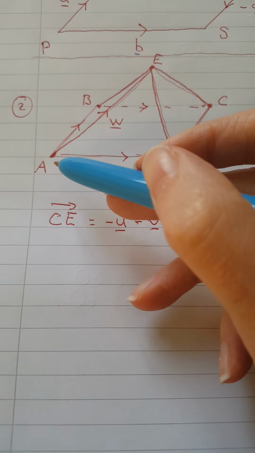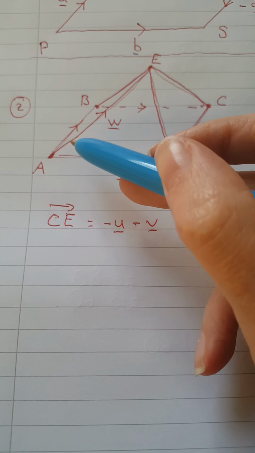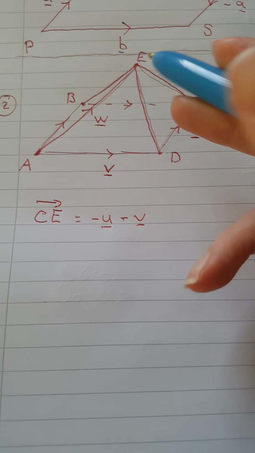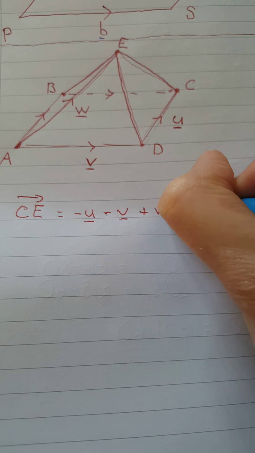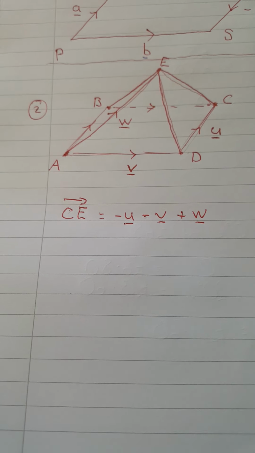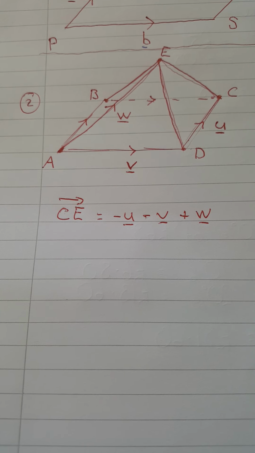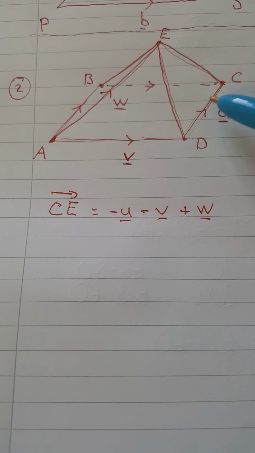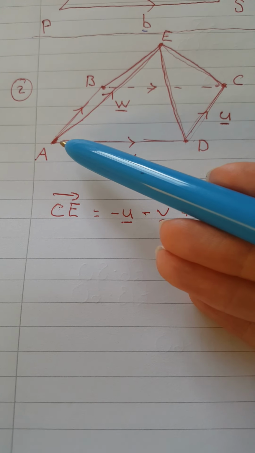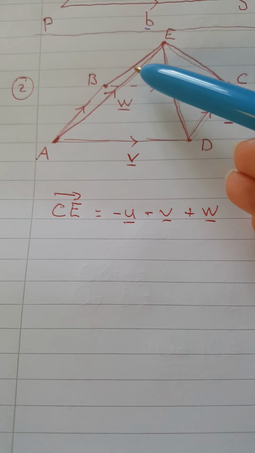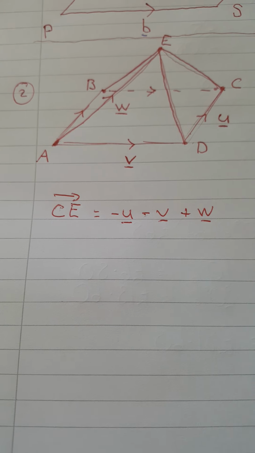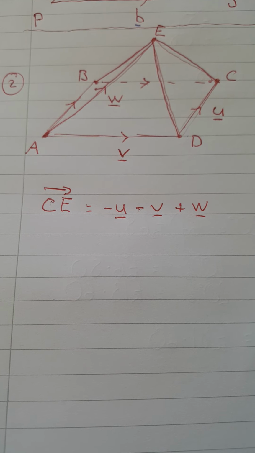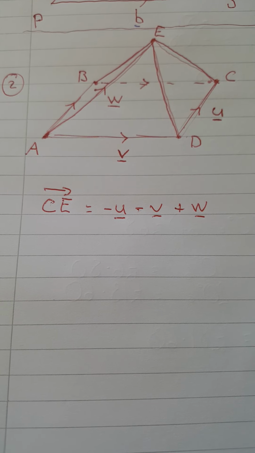That takes me up to the point A. And then I go up the vector here, which is just plus w. So effectively, the vector CE is minus u minus v plus w.